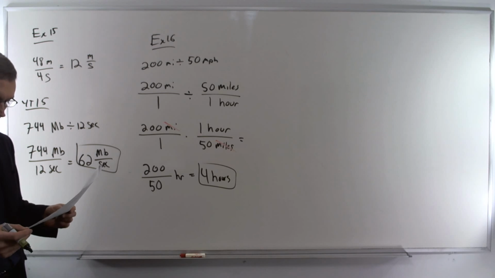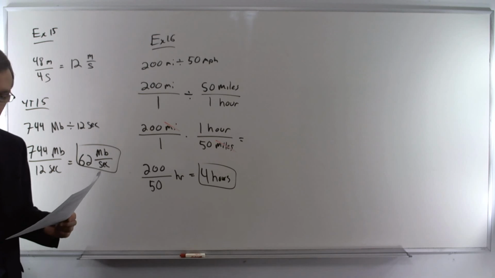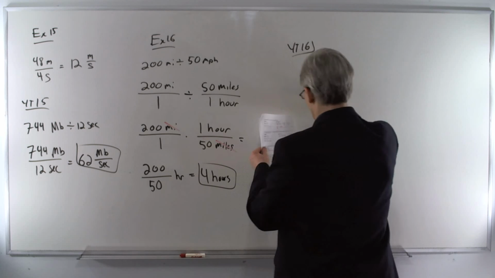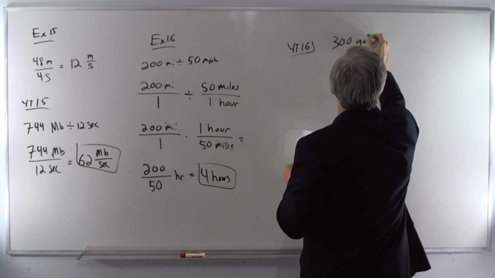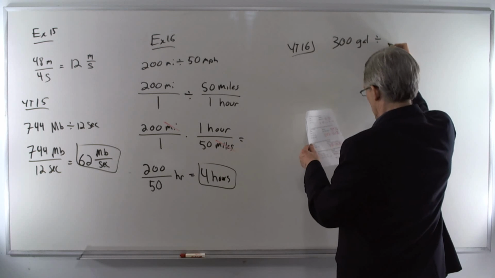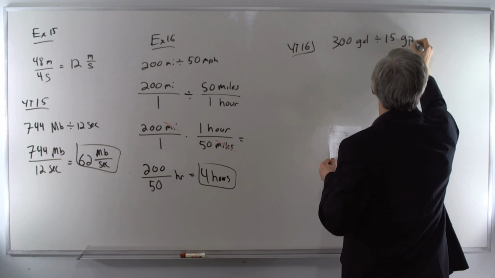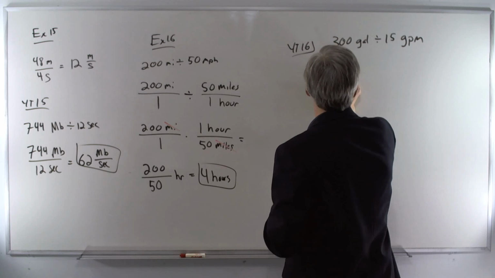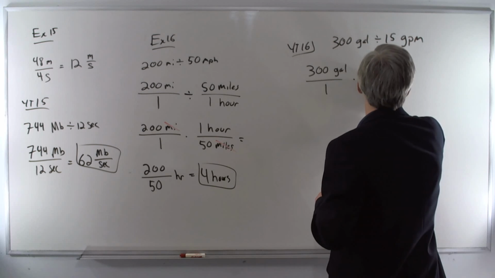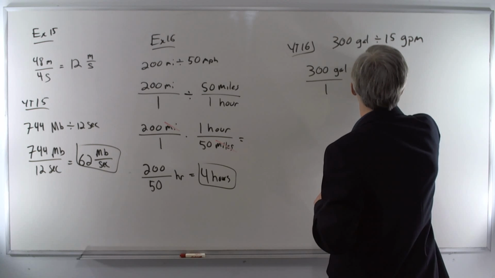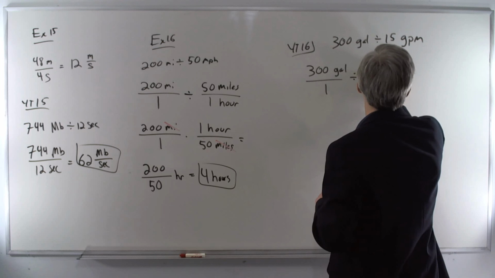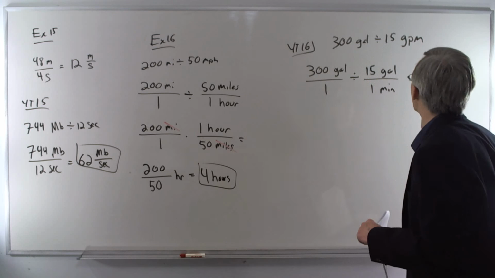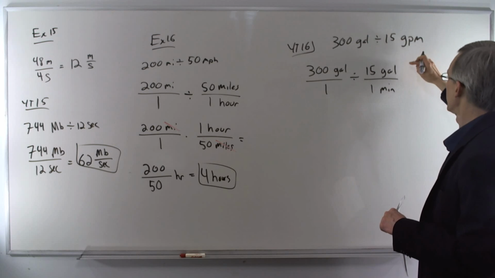Your turn, number 16. 300 gallons divided by 15 gallons per minute, GPM. All right, rewriting 15 gallons per minute as gallons over minutes.